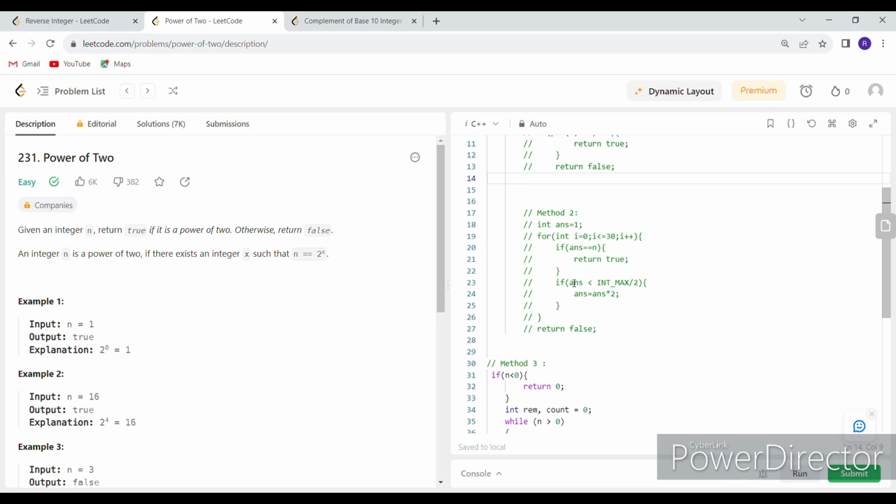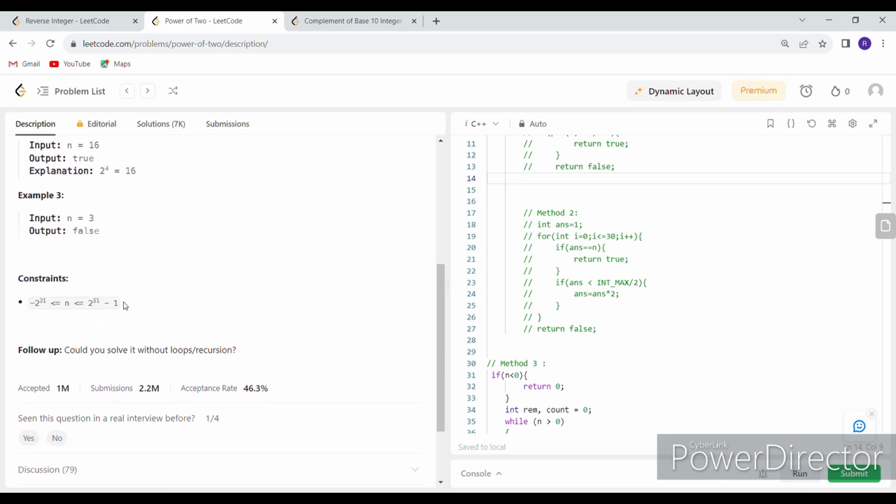Now let's look at the second method. As we know, the range of integers as mentioned here is minus 2 raised to 31 to 2 raised to 31 minus 1. So the positive range is less than 2 raised to 31, and we need to go from 0 to 30 only.